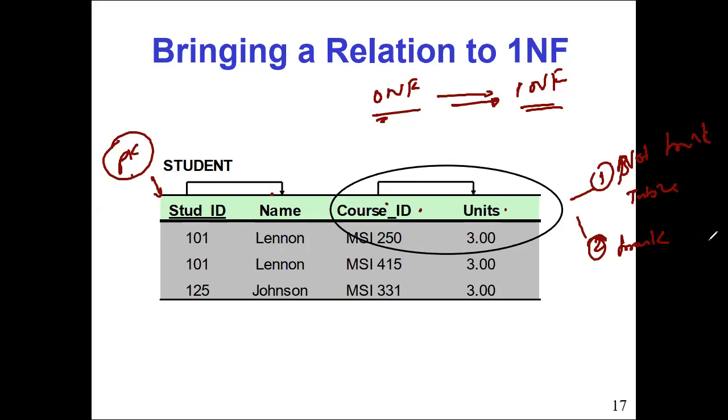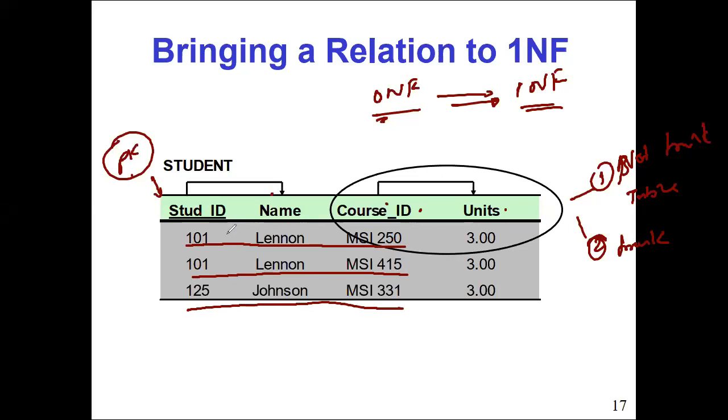Not breaking the table: first, we will make student ID, name, course ID, all these things a composite primary key. Then you will not find any repeating groups.